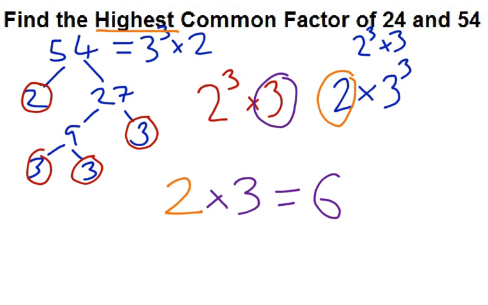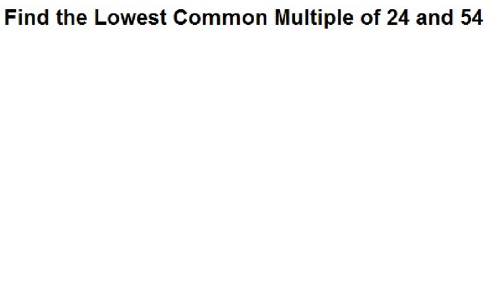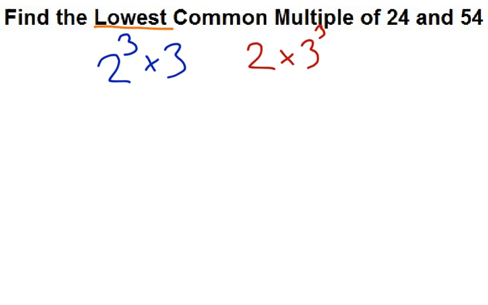Now we'll go on to the lowest common multiple. For the lowest common multiple, the first thing we're going to need, once again, is the product of primes. So we remember that 24 is equal to 2 cubed times 3, and 54 is equal to 2 times 3 cubed. Now for the highest common factor we use the lowest powers of each number, and for the lowest common multiple we're going to use the highest power of each number that appears.